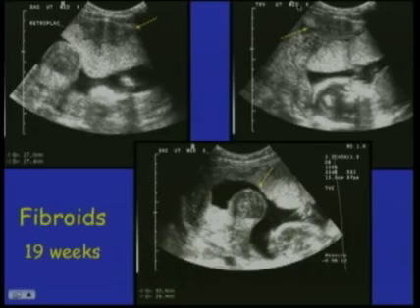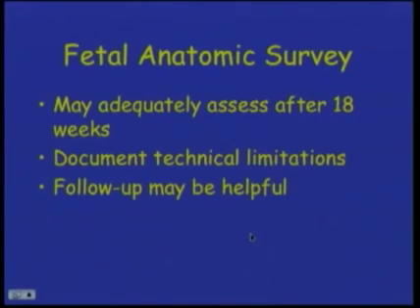We can see this fibroid over here under the placenta as well. When they're retroplacental, they have an increased incidence of abruption when it gets closer to delivery and intrauterine growth restriction. This is kind of an interesting fibroid sitting right inside the amniotic fluid.